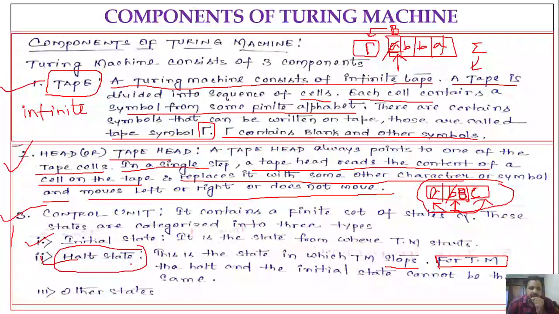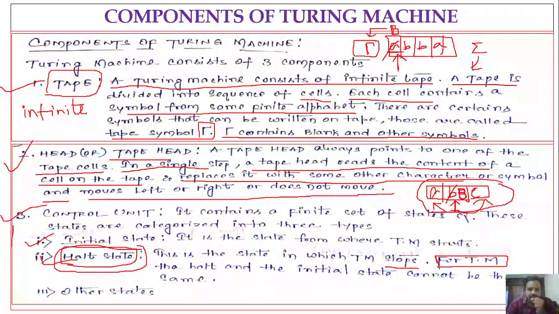When the given string is not accepted by the Turing machine, the machine may enter the halt state.